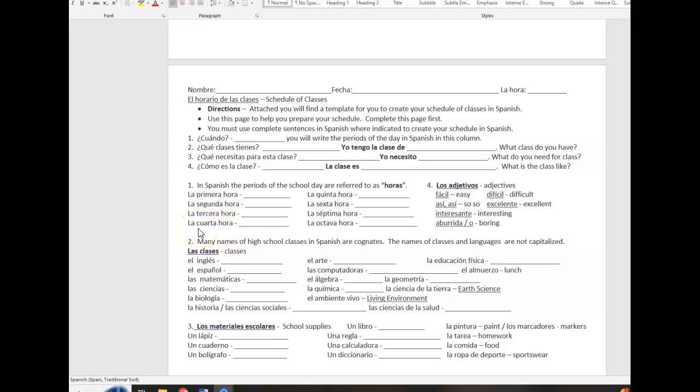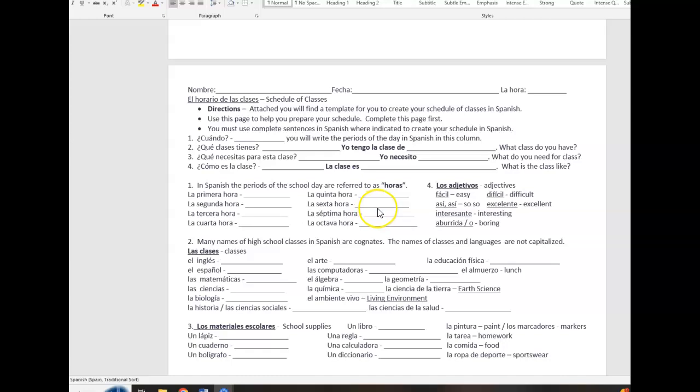Cuarta hora is fourth period. So these would be your A-Day classes. Quinta hora, fifth period. Sexta hora, sixth period. Séptima hora, seventh period. And octava hora, eighth period. These would be your B-Day classes.